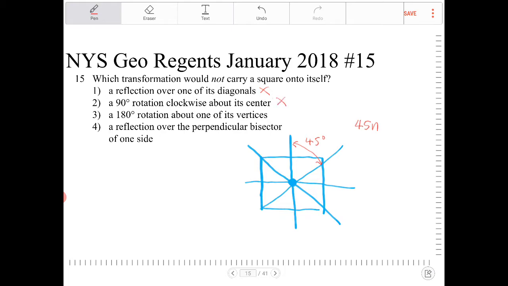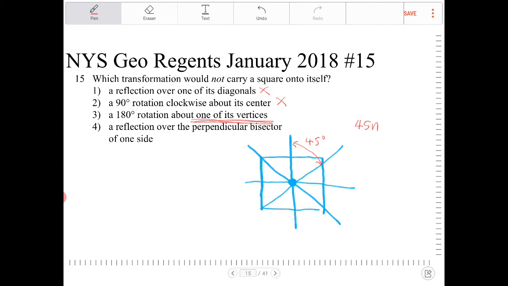That's not it either. A 180-degree rotation about one of its vertices. Again, no, I'm sorry, it says 180 degrees about one of its vertices.